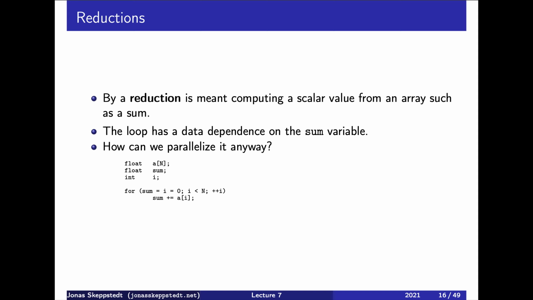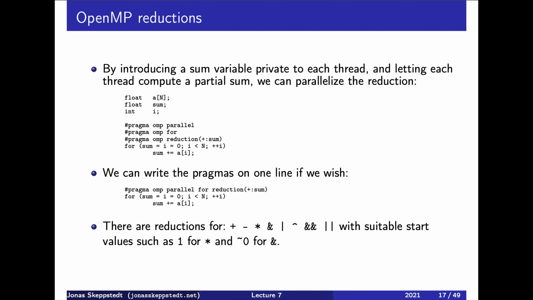This is called a reduction. So we can specify like this: OMP parallel for and reduction on this operator and this variable. Then each thread will compute the partial sum, and then they will sum.